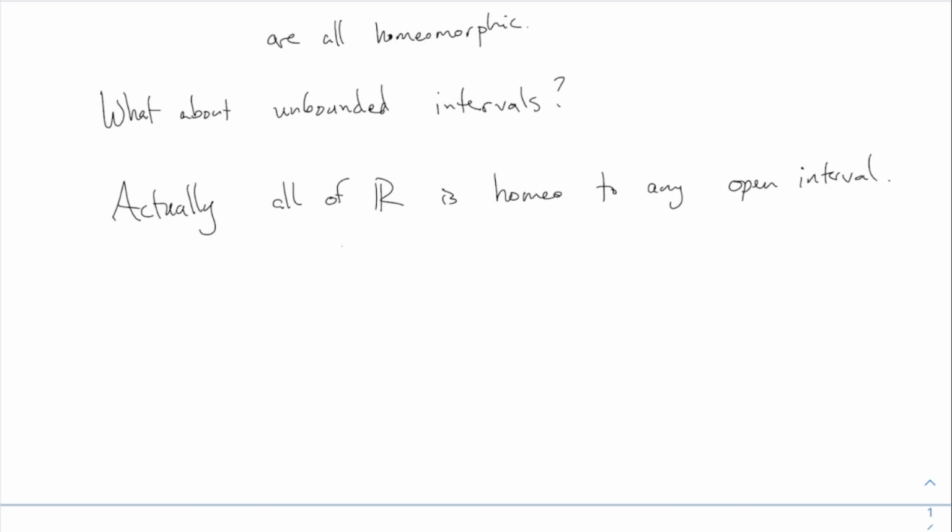For instance, R is homeomorphic to the open interval from a to b, even though R is unbounded and the interval a to b is bounded. They are still homeomorphic. It is possible to stretch down all of R, which is unbounded, with a function into a bounded interval.